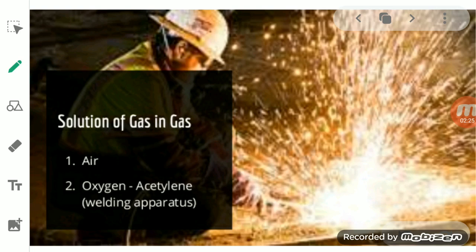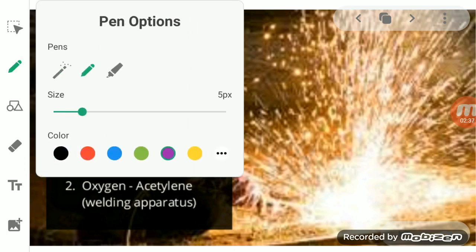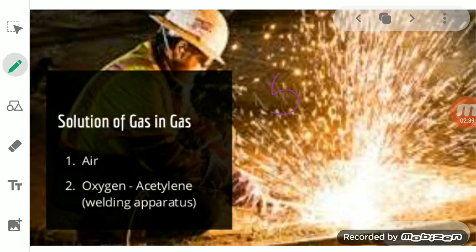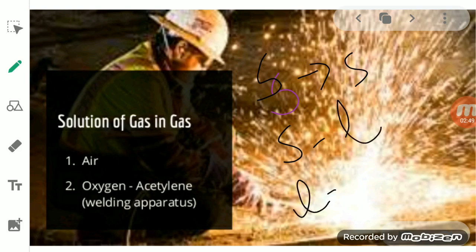But even then, there are solutions which can be made by dissolving solid in solid, solid in liquid, liquid in liquid, gas in liquid, or gas in gas.